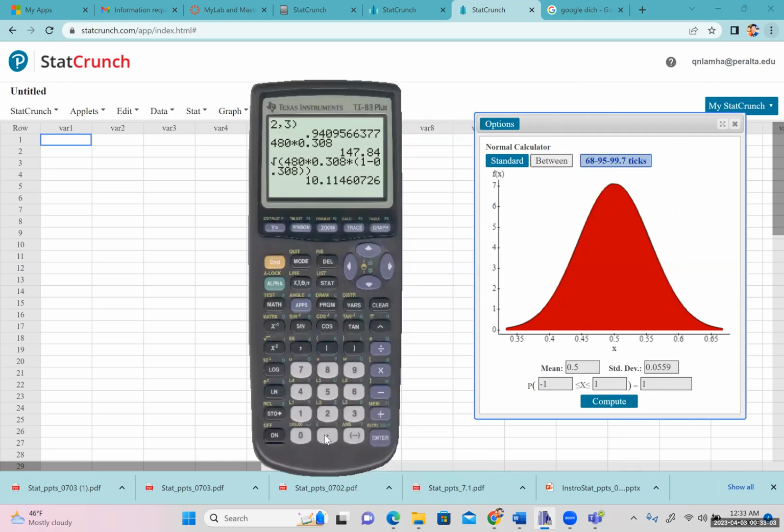So say 0.5 minus 2 times 0.0559. It's going to be 0.388. The second one is 0.5 plus 2 times 0.0559, and you get 0.6118.